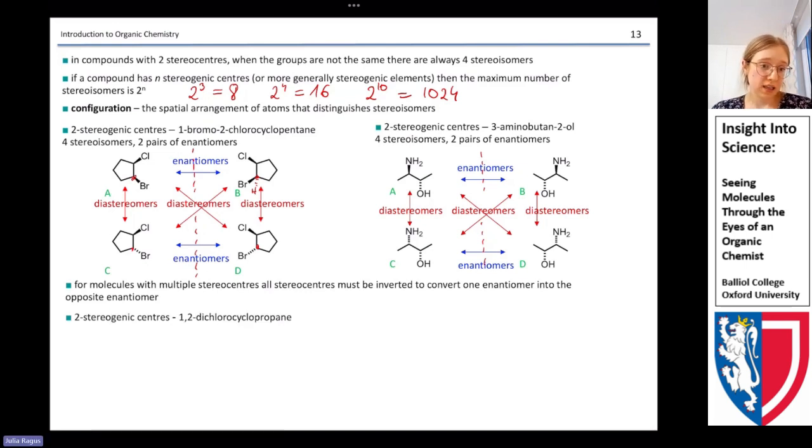Now, another case is when you have two stereogenic centers, but they look almost the same.